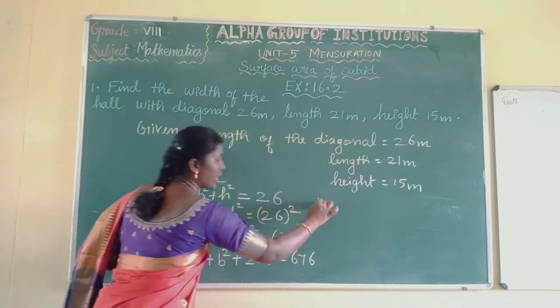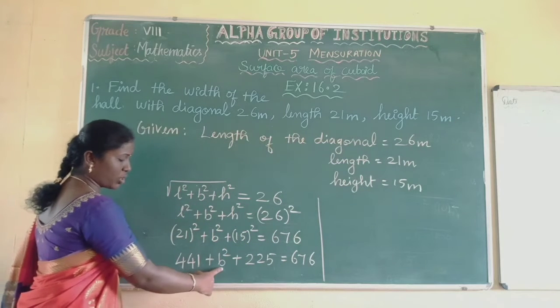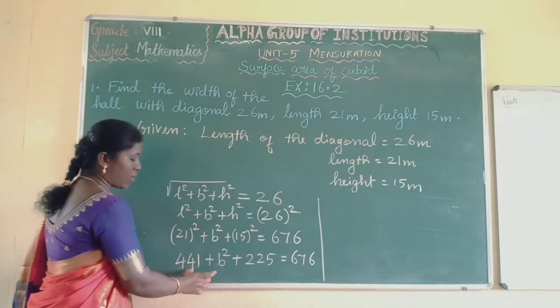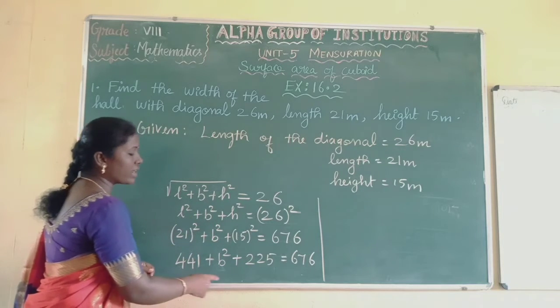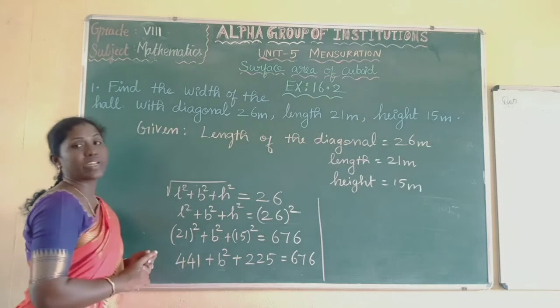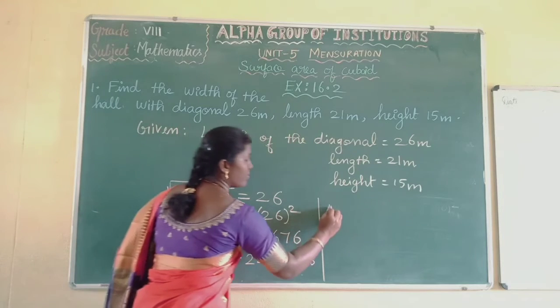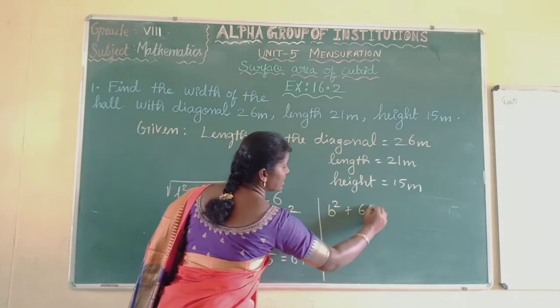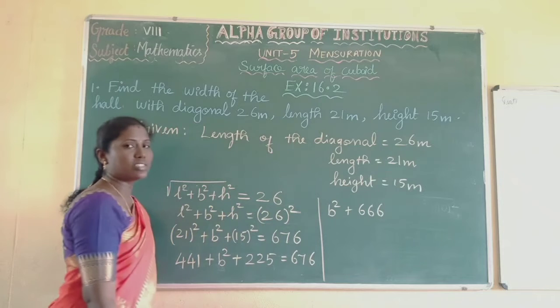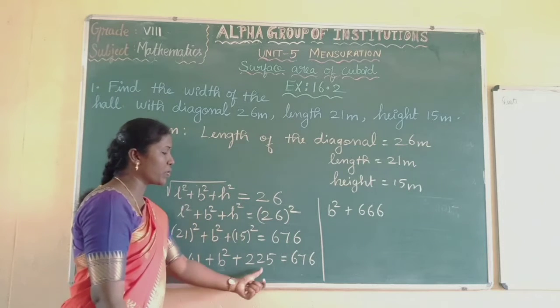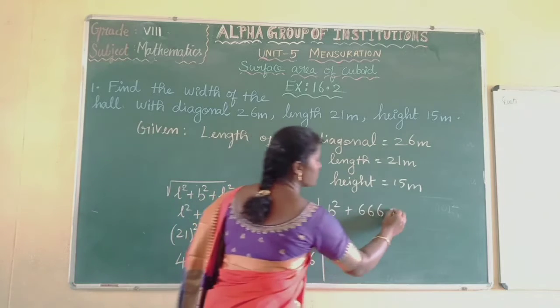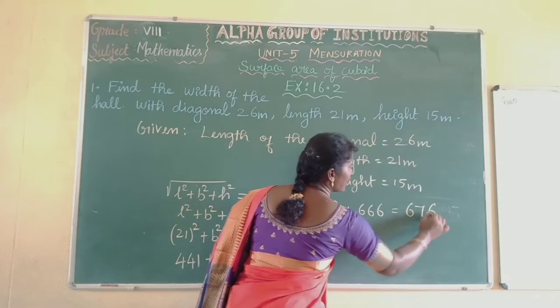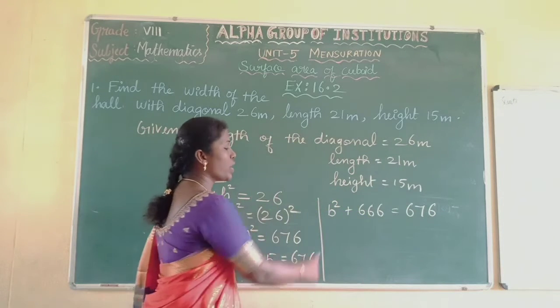Now if we want to find B square, we have to add these two values and change to the other side of the equation. So 441 plus 225, if we add, we get 666. Just normal addition. So 666 plus B square is equal to 676.